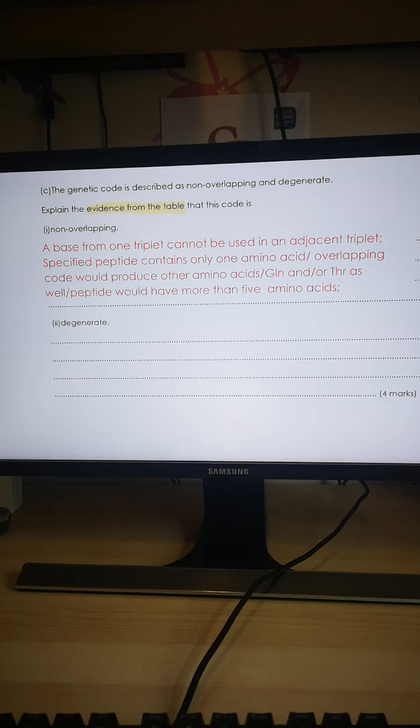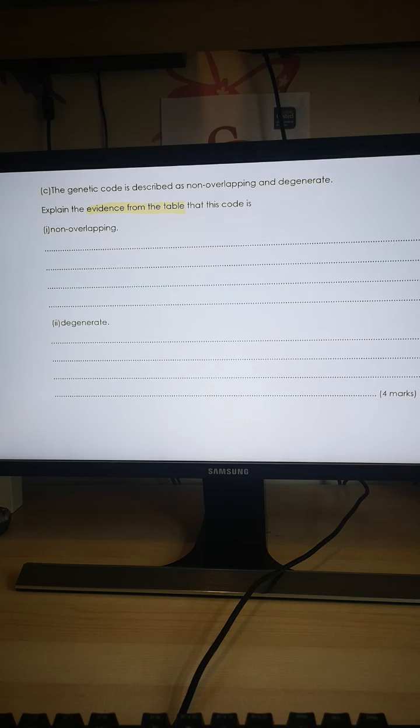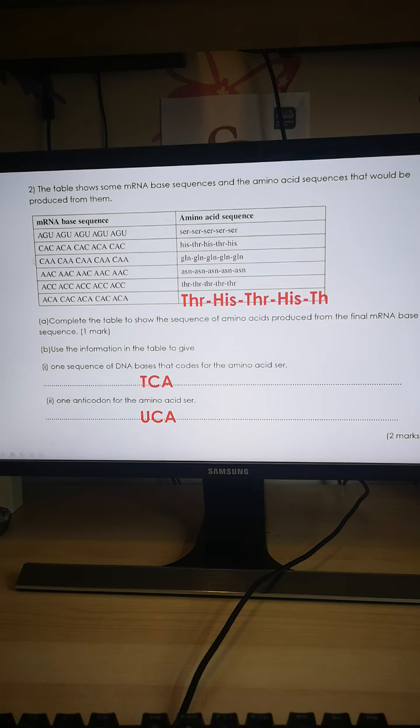And the evidence then is using one specified one that you've got. For example, this one's a good one to go for. It contains AGU.